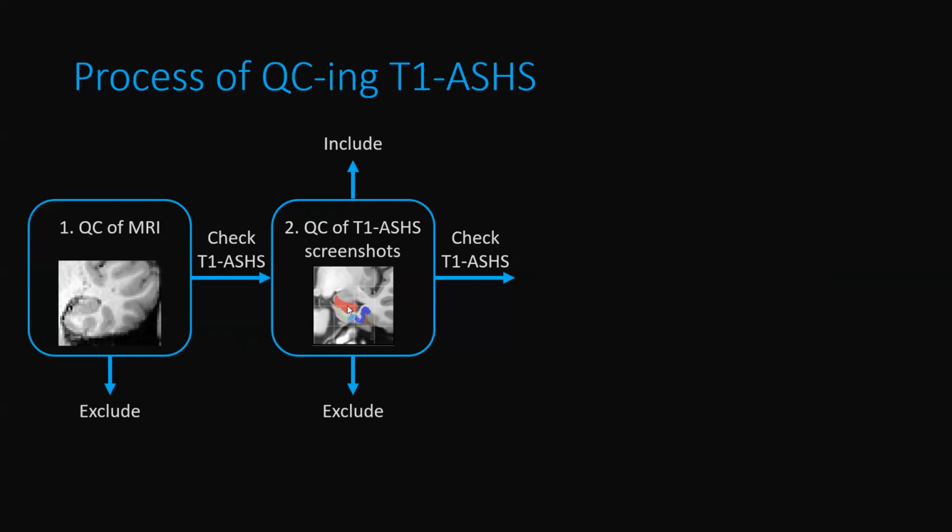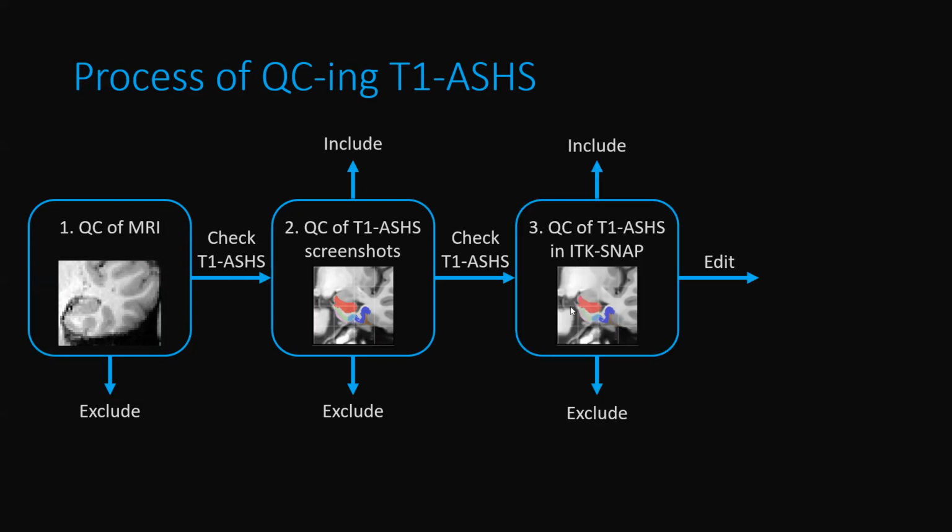What often happens is that you see some errors, but you cannot establish well enough if the segmentation is good enough to include or not. Then I would recommend QCing it in ITK-SNAP or any other software that you want to. Then just really scroll through the image and look further into whether this is good enough.